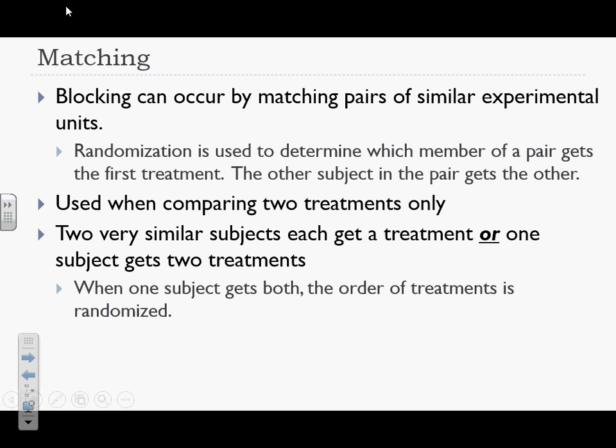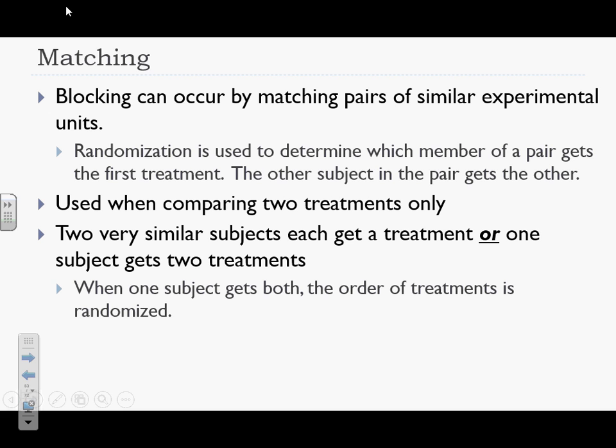In this second method, I would take the 300 people, put 150 of them into group A, and 150 of them into group B. From there, I would have group A try treatment 1 and then try treatment 2. Group B would try treatment 2 first and then try treatment 1. And then we bring them all back together to compare results.